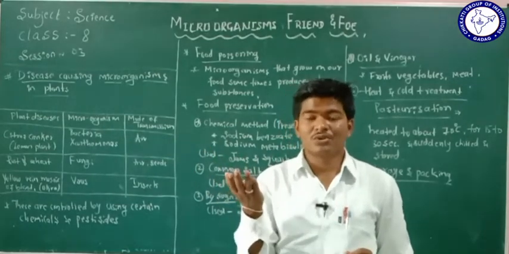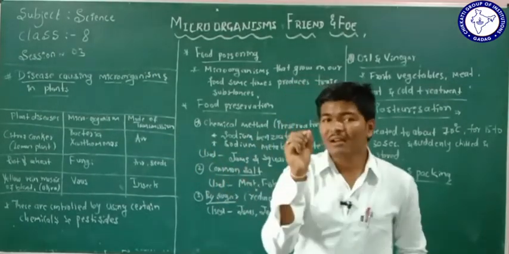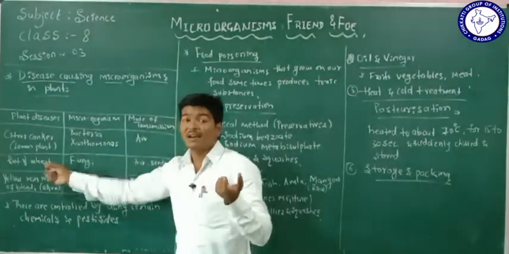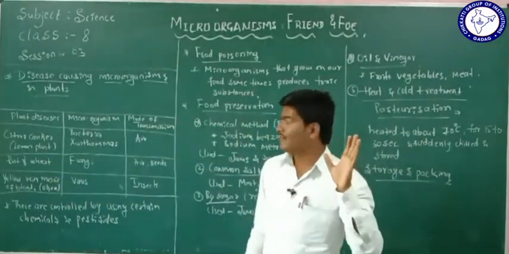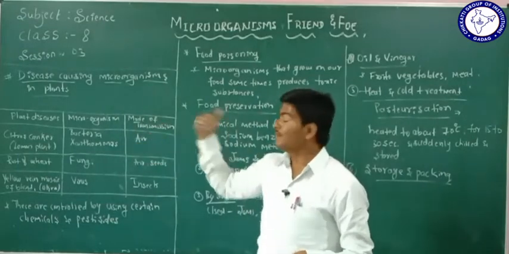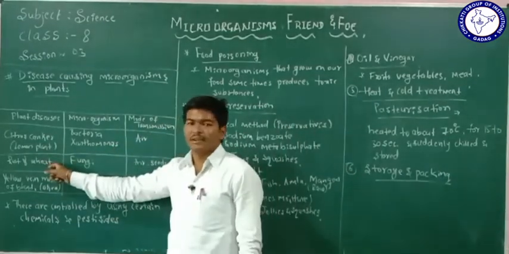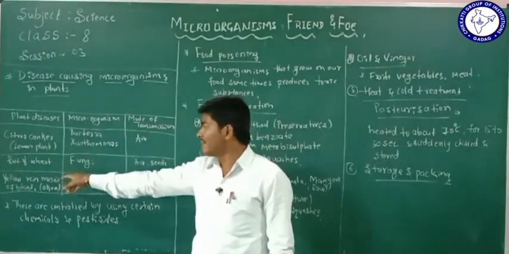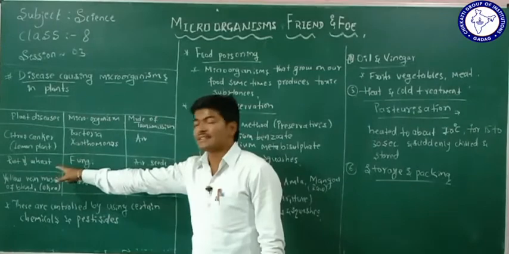If brown color dots are present on the leaf of a wheat or a barley, we say that plant is infected by the disease called rust of wheat.